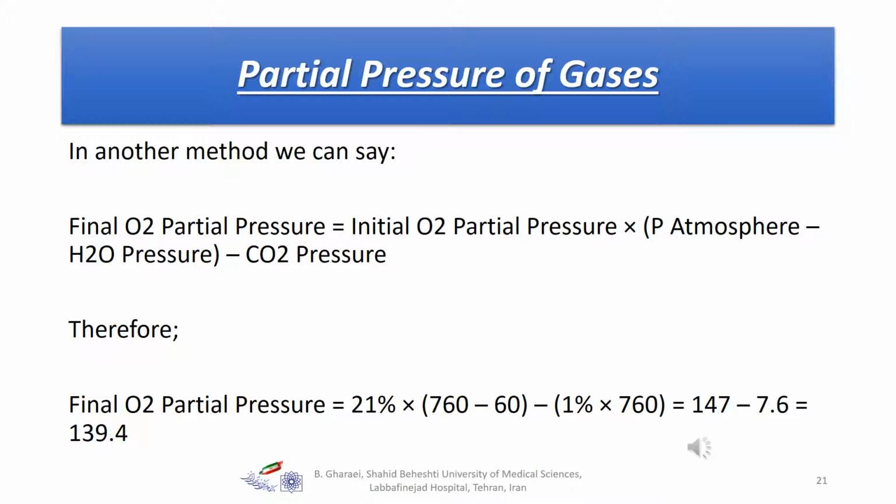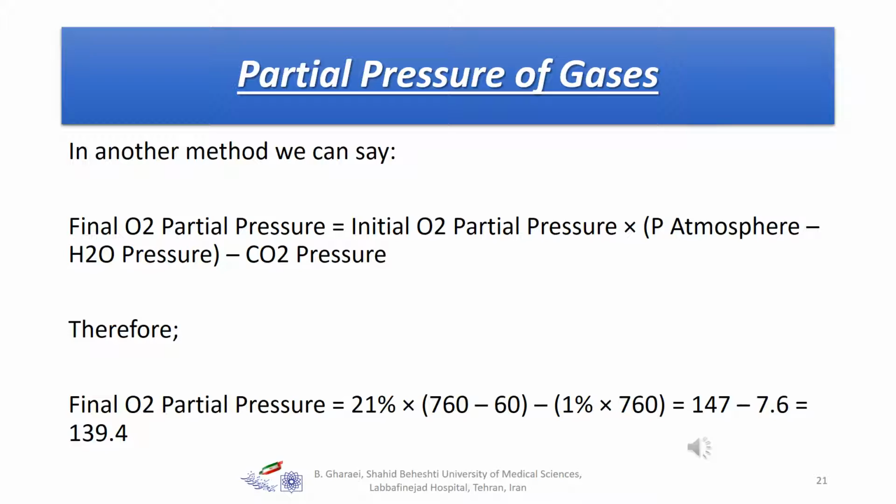In this method, you can see that final oxygen partial pressure is equal to initial oxygen partial pressure multiplied by the pressure with water reduced from atmospheric pressure, then the total result. From the total result, we should reduce the partial pressure of carbon dioxide.